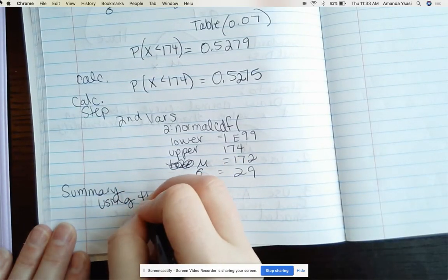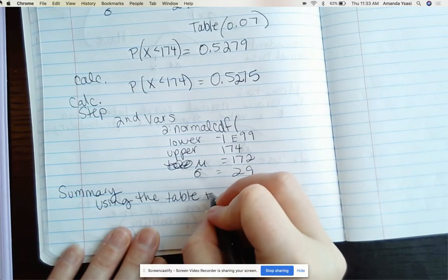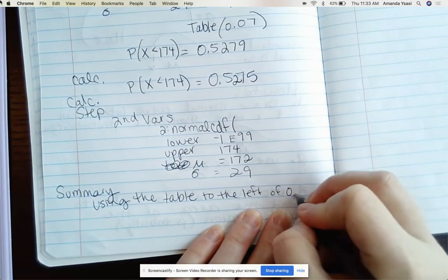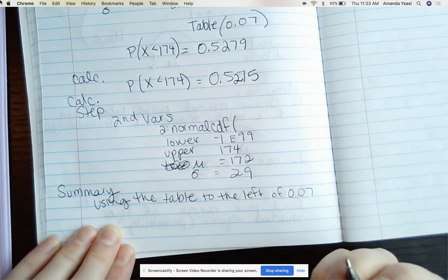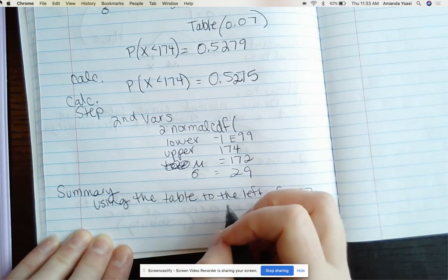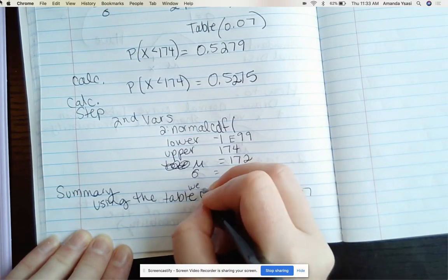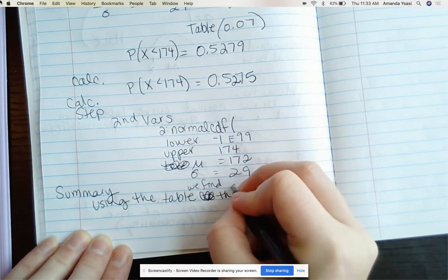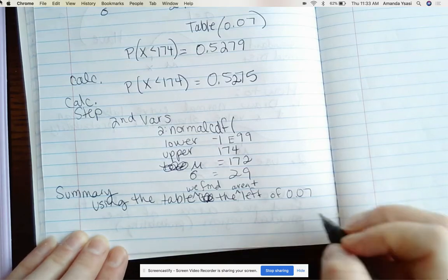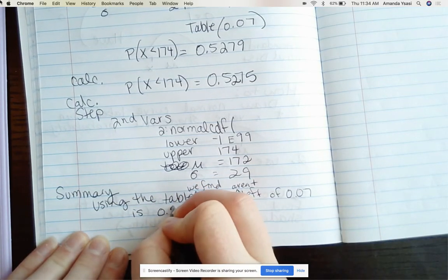Using the table, to the left of 0.07, using the table, we find the area to the left, there we go, sorry, of 0.07 is, we found it, 0.5279.